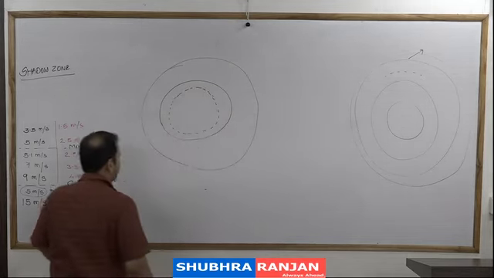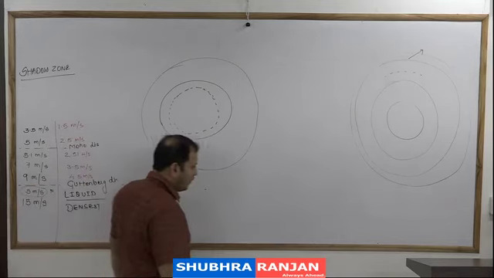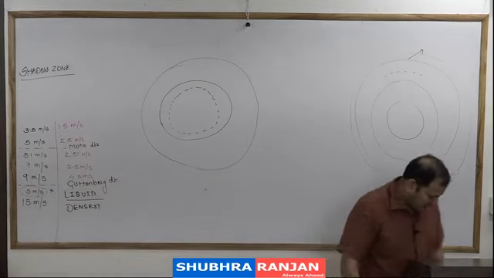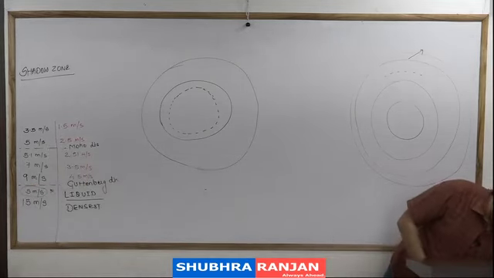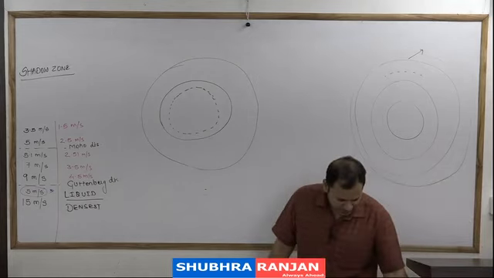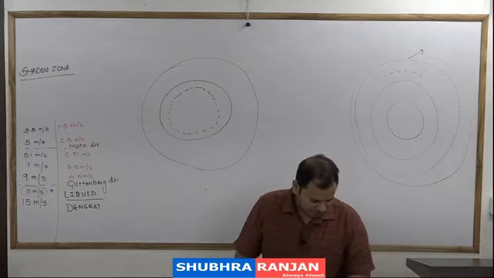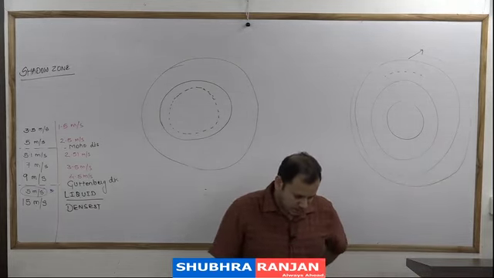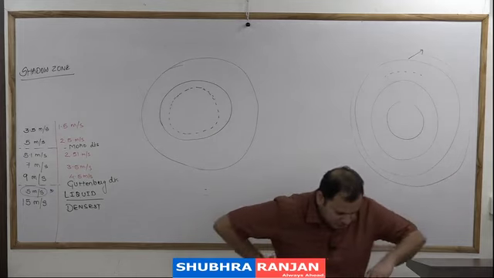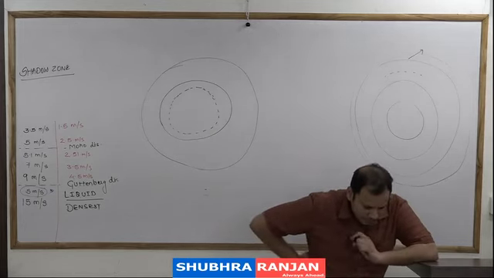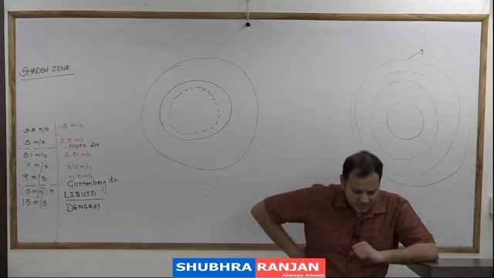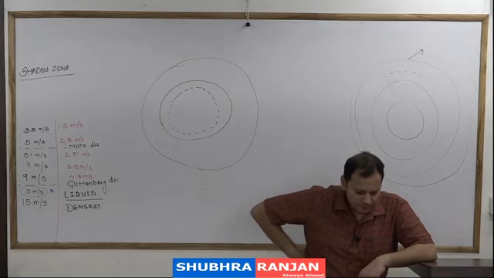And hence the shadow zone of an S wave is greater than the shadow zone of a P wave.